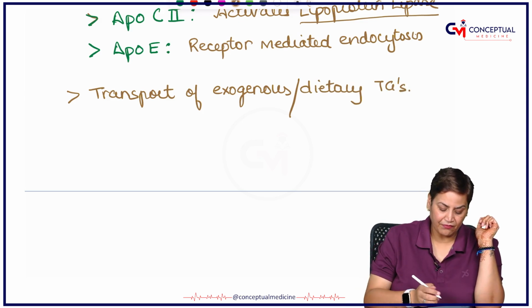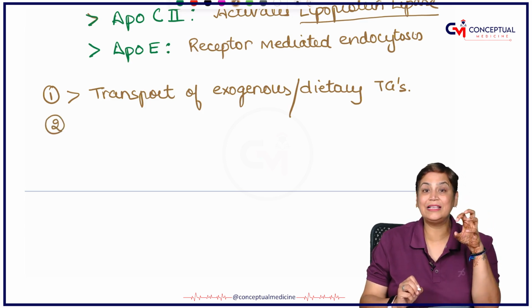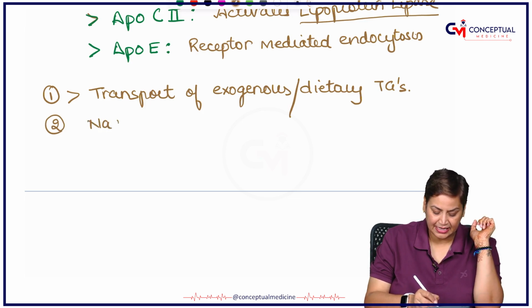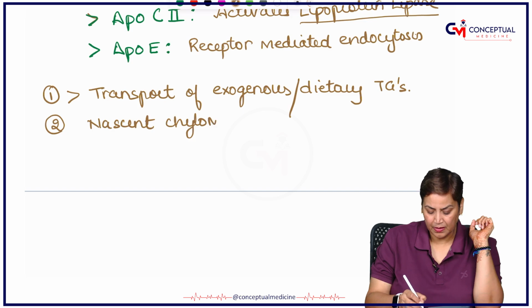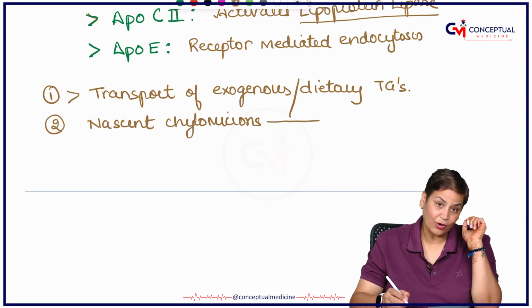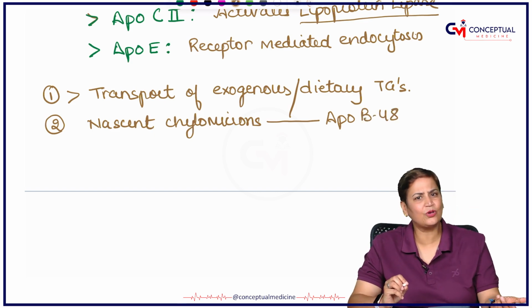When the chylomicrons leave the intestine, they are known as nascent chylomicrons. Nascent chylomicrons will be recognized by Apo B-48, which is already there.